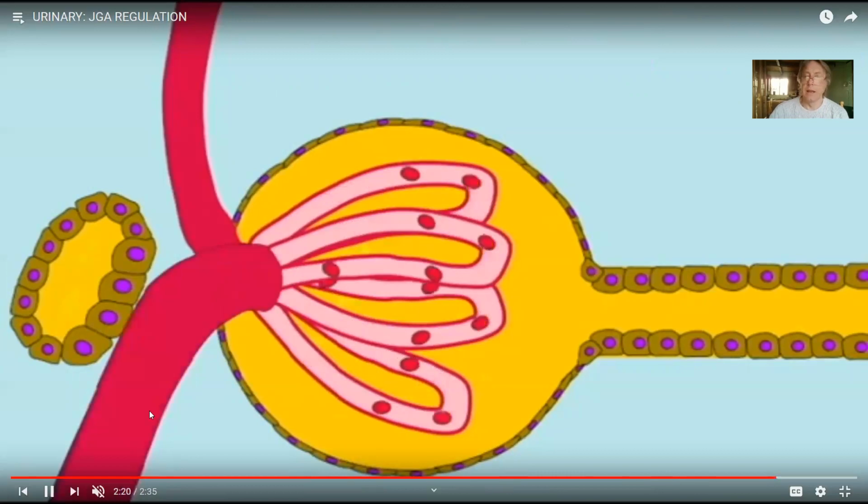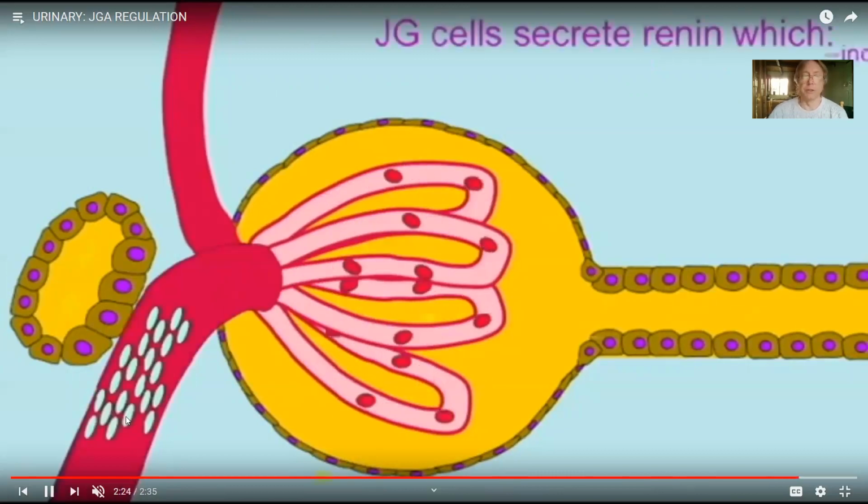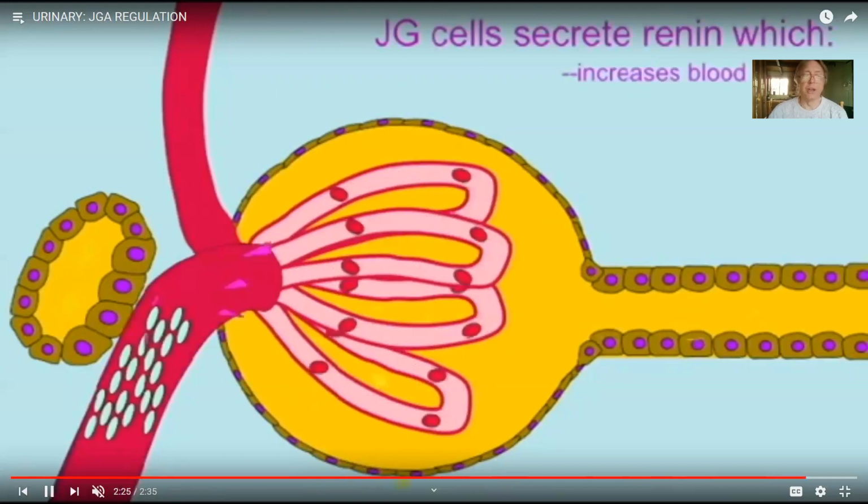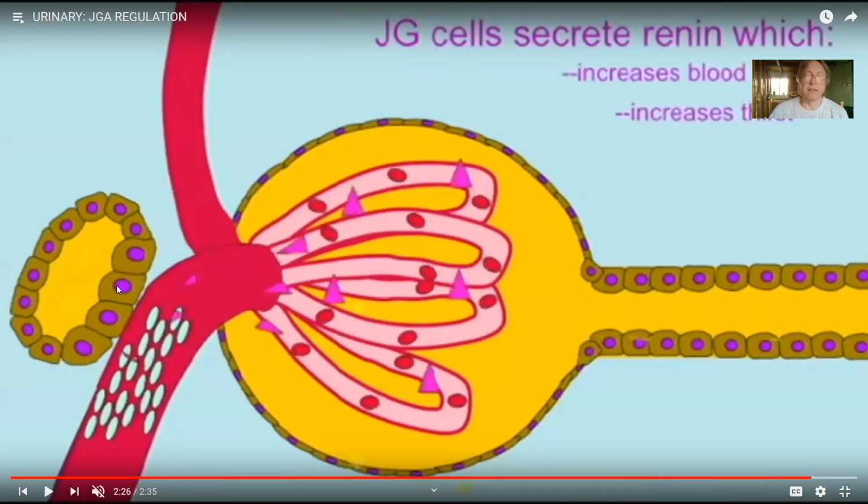Now, there is then a follow-up involving hormones, because if there isn't enough blood pressure to create urine, then the obvious question is why? Well, there may not be enough blood pressure in general. And so when there is not enough blood pressure to make urine, the macula densa signals the afferent arteriole, and modified smooth muscle cells in the afferent arteriole, known as granular cells or JG cells, release the hormone renin.